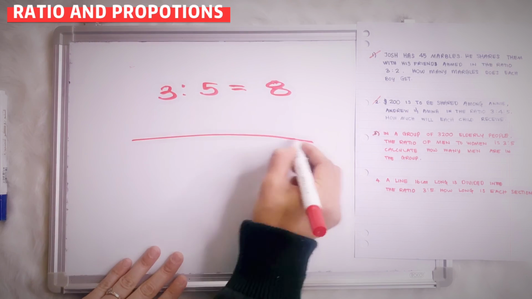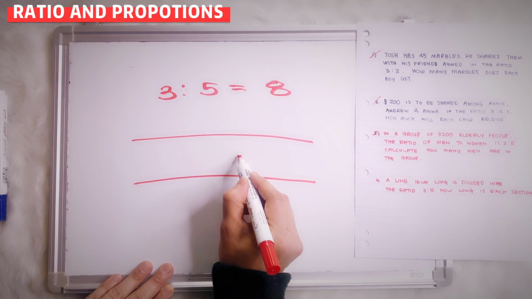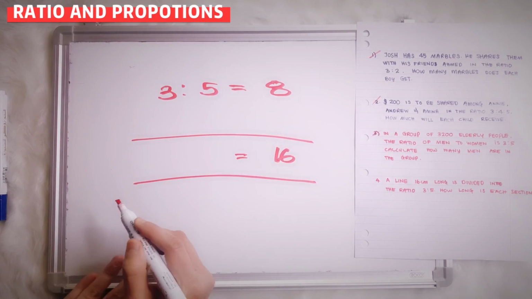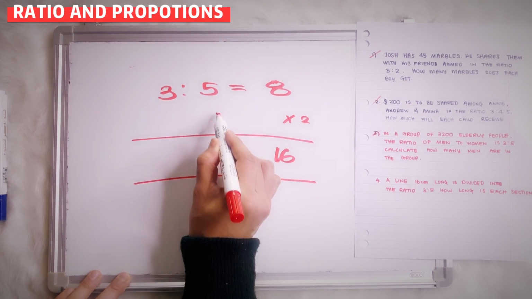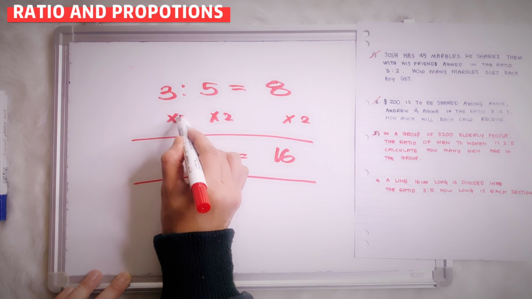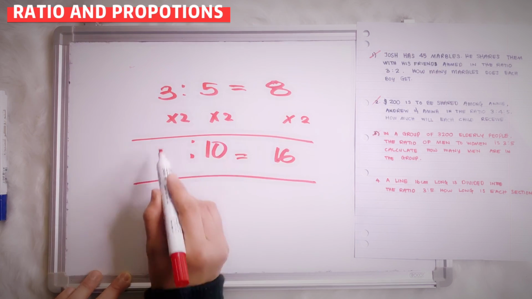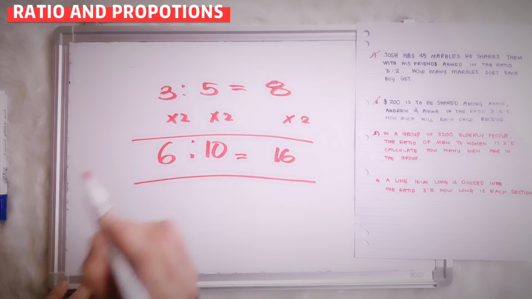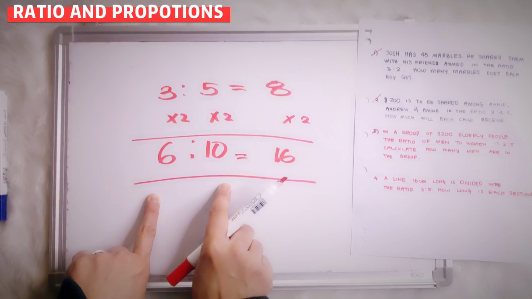Correct? So now we have 16 centimeter long. So we know here 8 times 2 equals 16. So definitely the whole thing you have to multiply with number 2. So 5 times 2 you have 10, 3 times 2 you have 6. So each section we have 6 and 10.